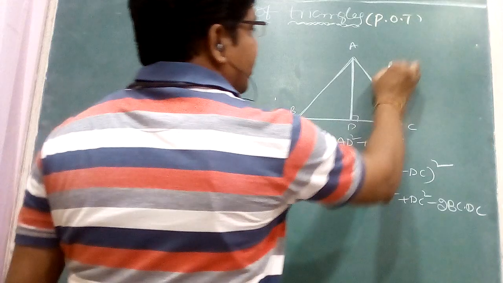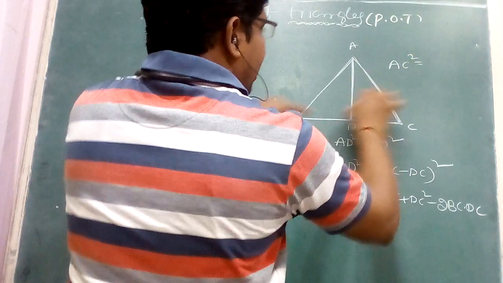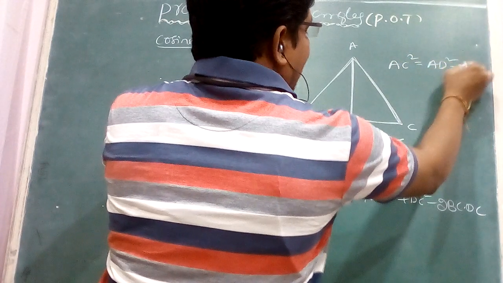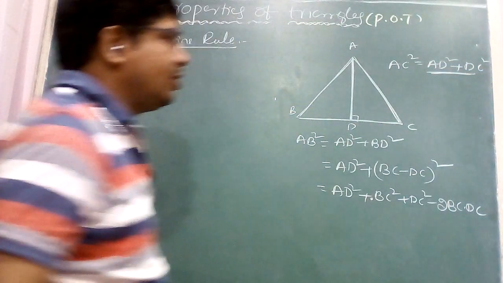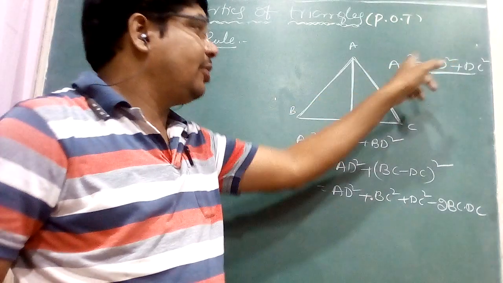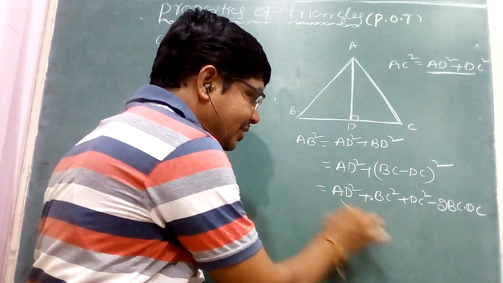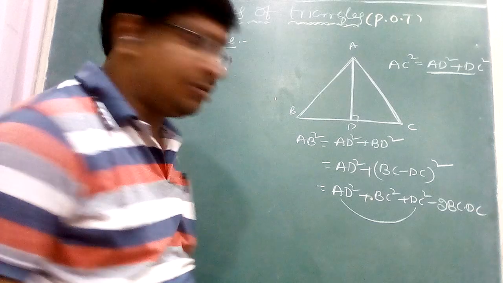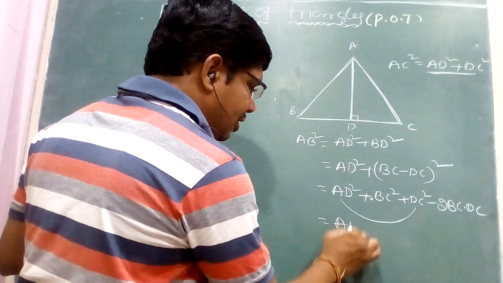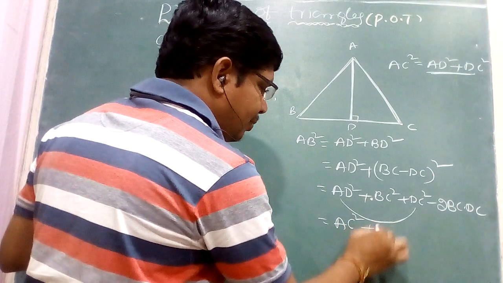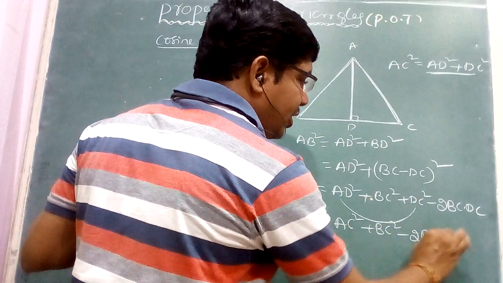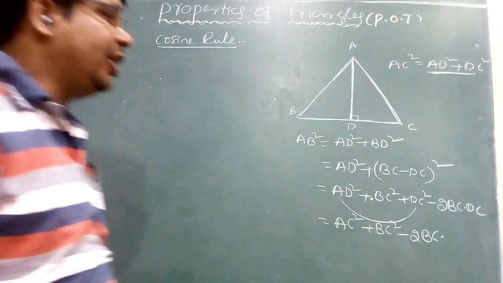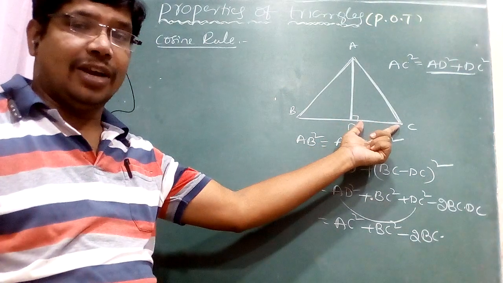From this right angle triangle, AC square is equal to AD square plus DC square. So AD square plus DC square is equal to AC square. Now I am finding the DC value.